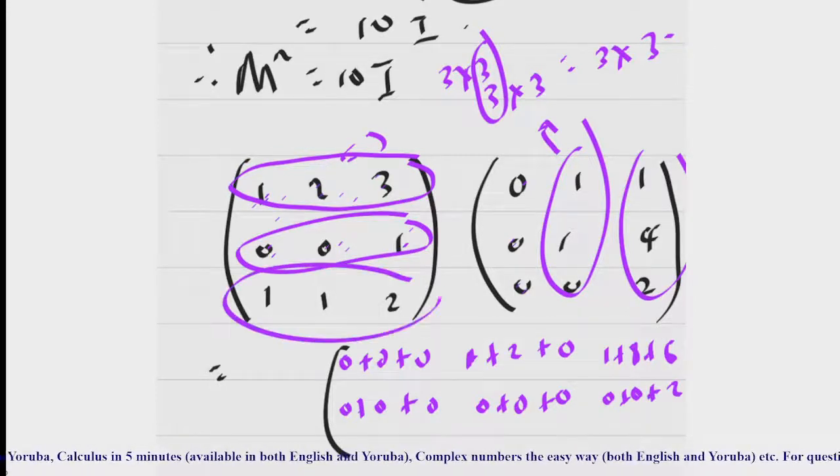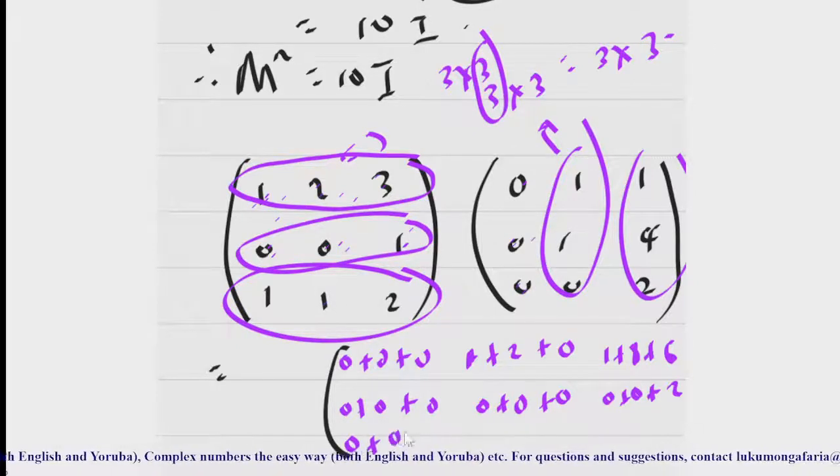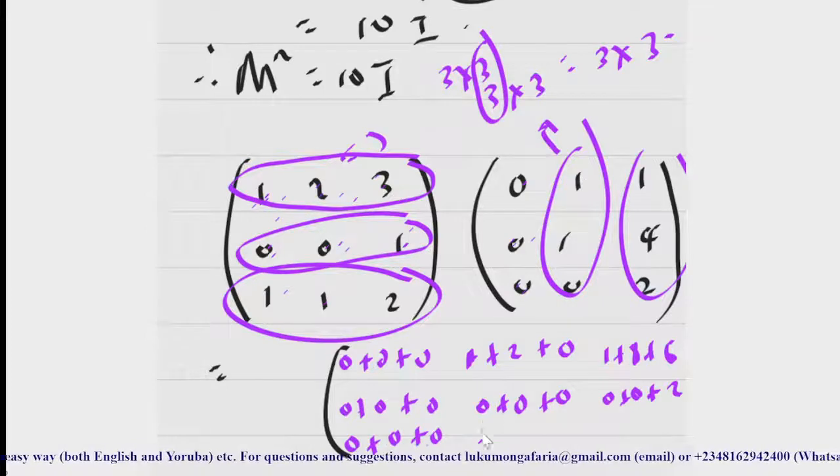Then you do the third row as well. 1 times 0, 0, plus 1 times 0, 0, plus 2 times 0, 0. Then the second column, 1 times 1, 1, plus 1 times 1, 1, plus 2 times 0, 0.